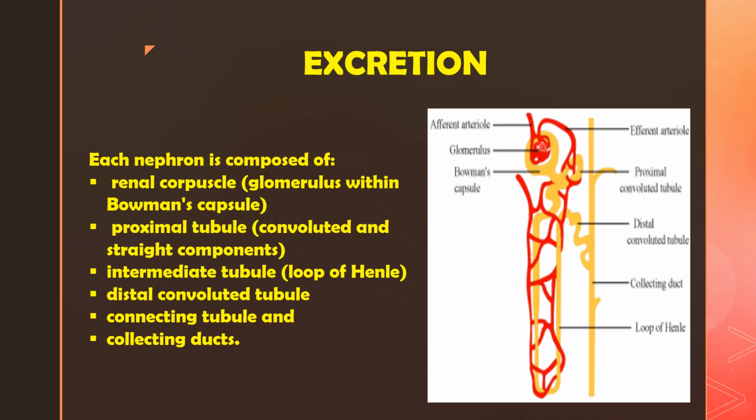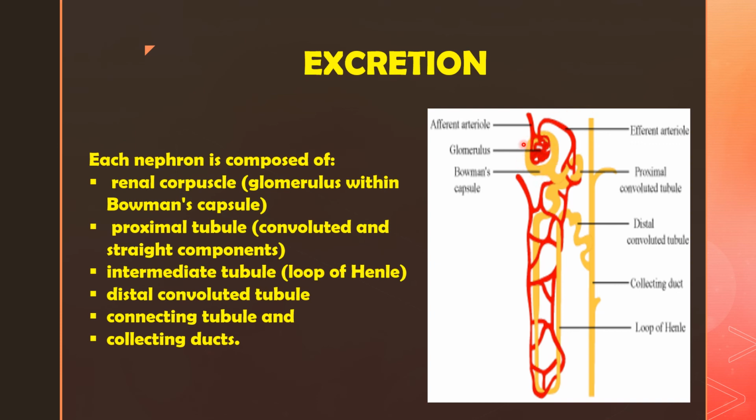See this red-colored membrane-like structure, that is the glomerulus capsule. It is situated within the Bowman's capsule. Actually, Bowman's capsule is the covering of this glomerulus.